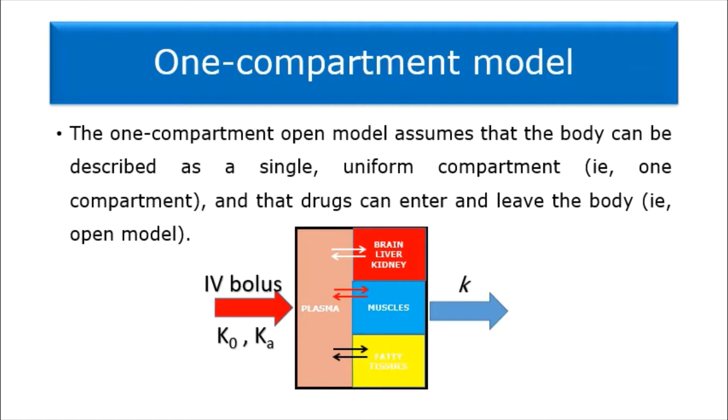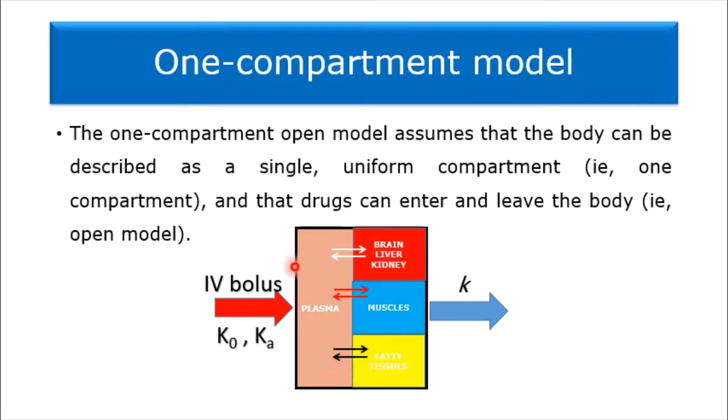In the one compartment model, the input of the drug can be first order kinetic, like in case of drug absorption from the gastric tract, or zero order input like infusion, or even IV bolus, direct injection of the drug. And usually the elimination or the exit of the drug from the one compartment system is a first order kinetic.